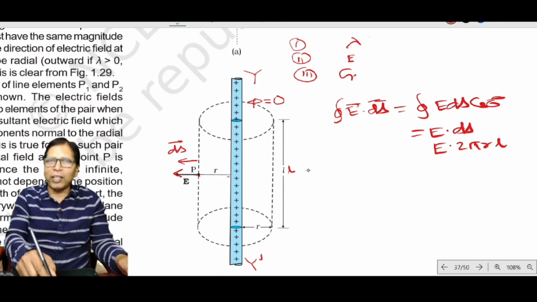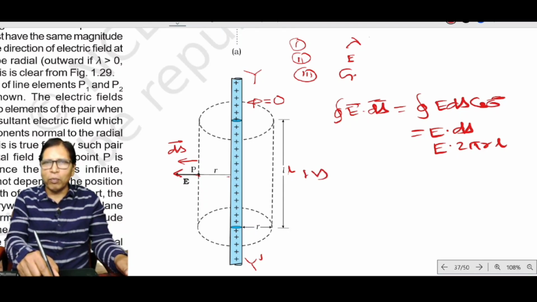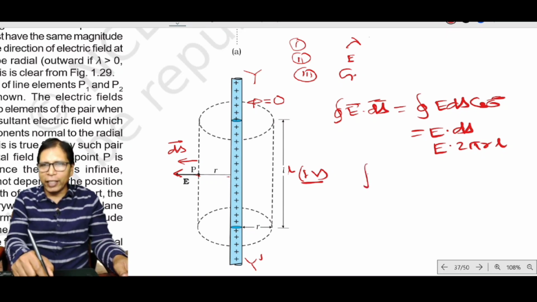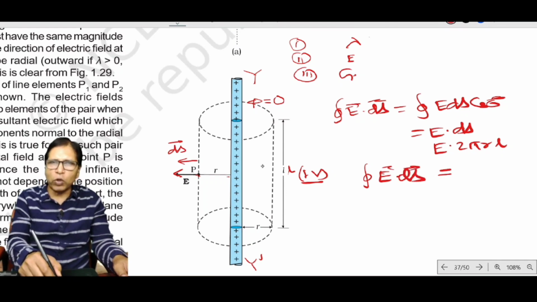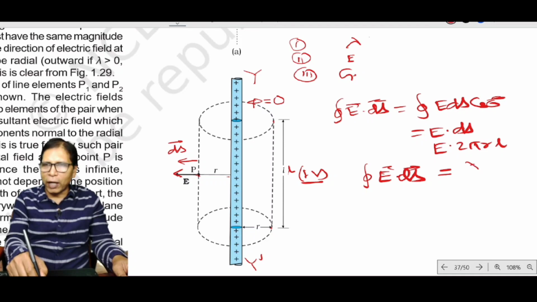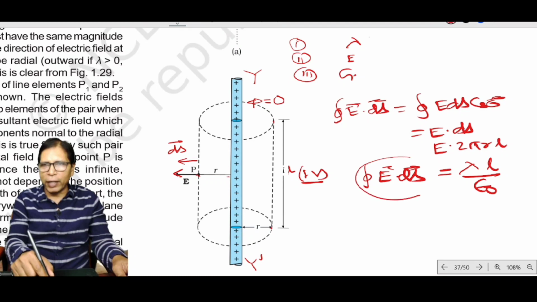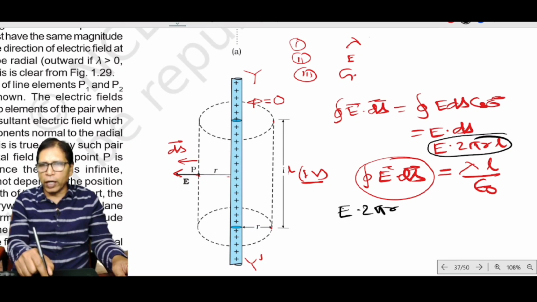Now applying Gauss law, point number 4. E vector dot ds vector surface integral equals the charge enclosed by the Gaussian surface divided by epsilon naught. As the length of the Gaussian surface is L, the charge enclosed by it is lambda L. So E into 2 pi RL equals lambda L by epsilon naught.